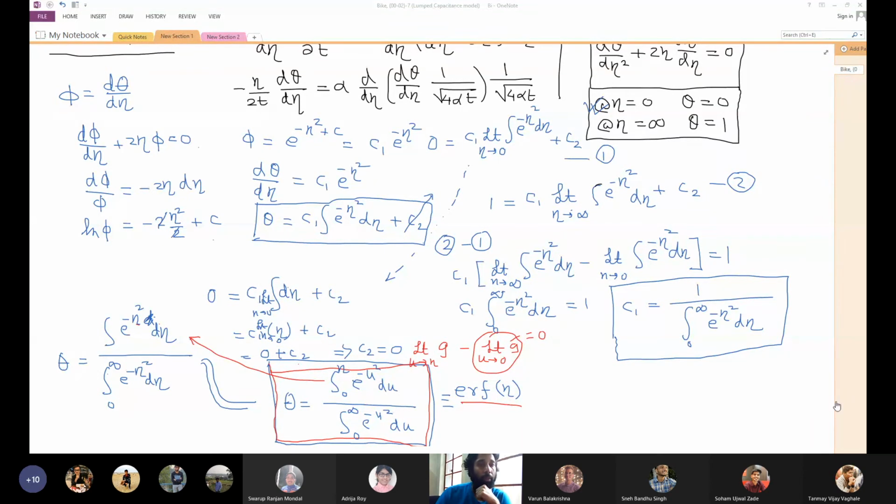In the appendix you will find it, on page number 1015 of the 7th edition, the Gaussian error function.